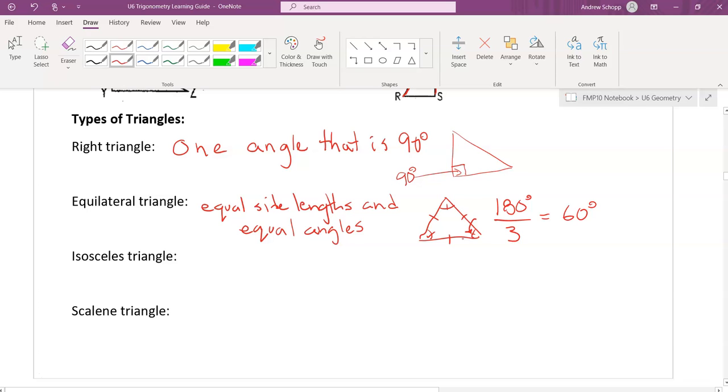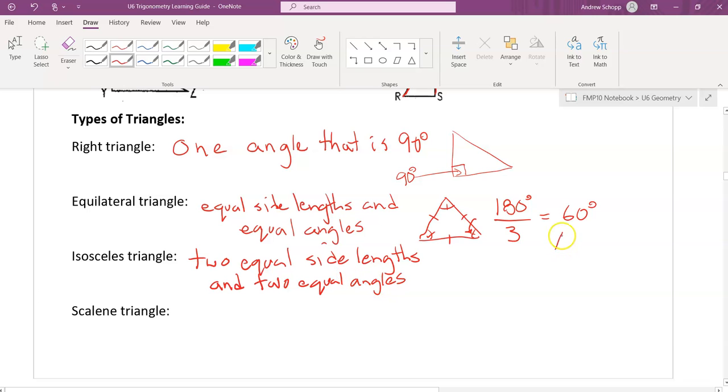An isosceles triangle is a triangle that has two equal side lengths and two equal angles. Example of one would be something like this.